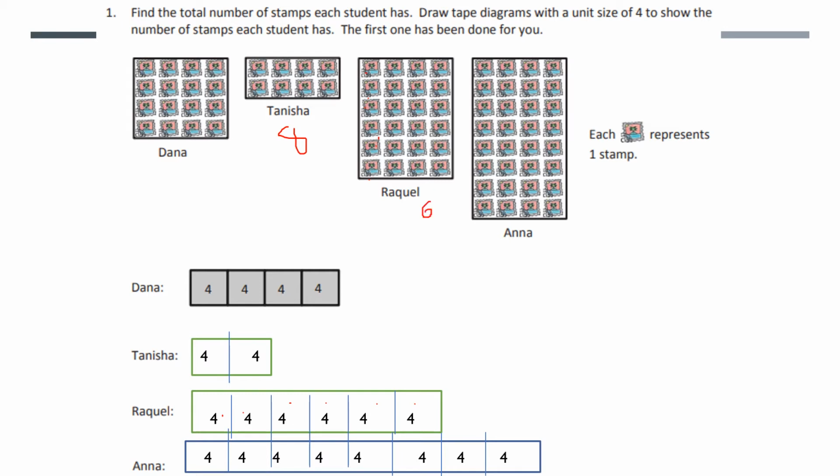So I'll actually change this to make it easier. We know Tanisha had 2 rows. And we know for Anna, she has 1, 2, 3, 4, 5, 6, 7, 8 rows. So we see 8 groups of 4. So let's keep going.